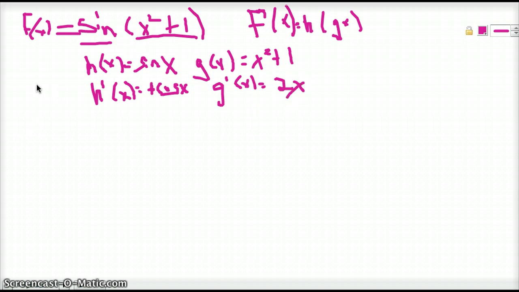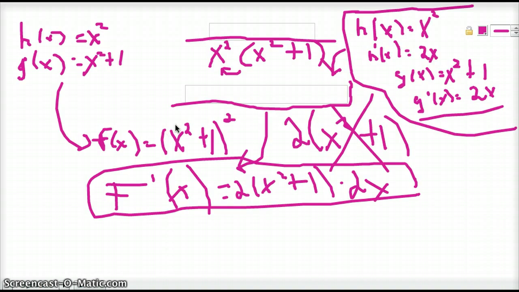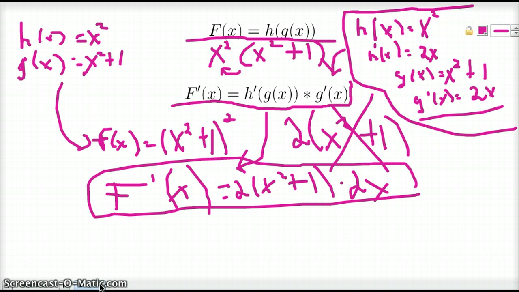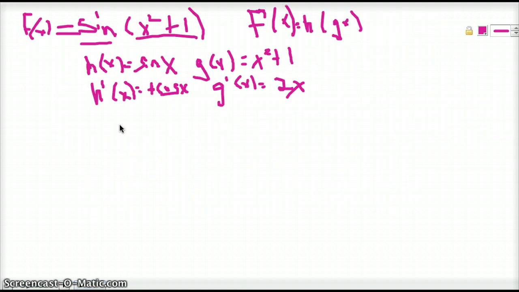And so now we just need to plug these into our little chain rule formula, which is on the other page. So remember, h prime of g of x times g prime of x. So let's do it here.